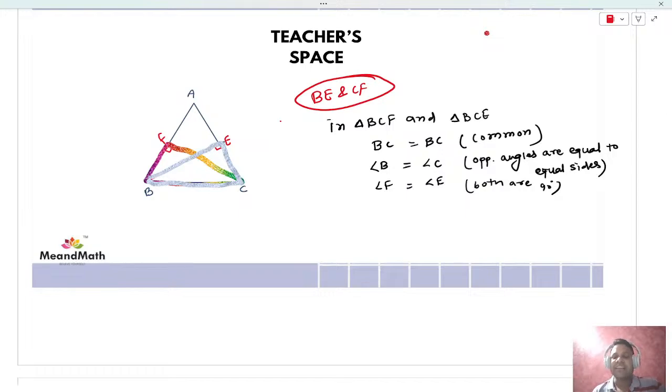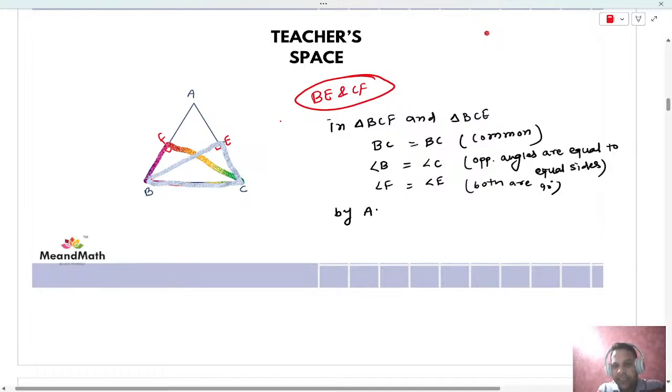Yes, by the congruent criterion AAS, angle angle side, the triangles are congruent. So by AAS, triangle BCF is congruent to triangle BCE. By CPCT, CF is equal to BE.